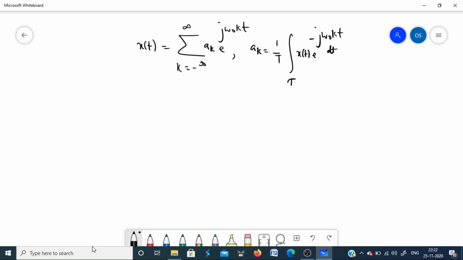Okay, so we will take one problem on this, a general problem. Let us suppose a signal xt is given to me. I take a square wave like this.